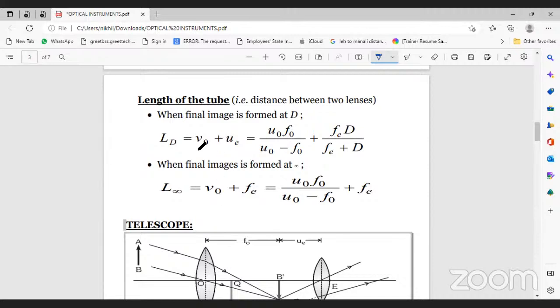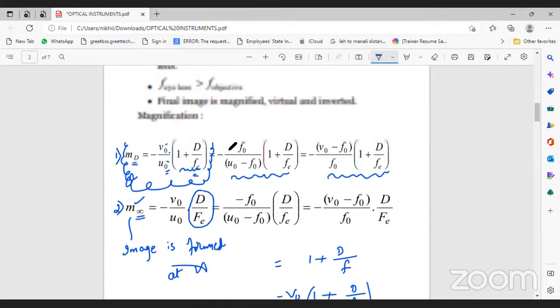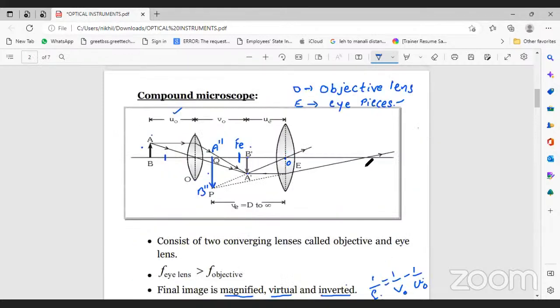Look at this term. What is v naught and ue? V naught is the image distance of the objective lens. Ue is the object distance of the eyepiece. Look at the diagram here.